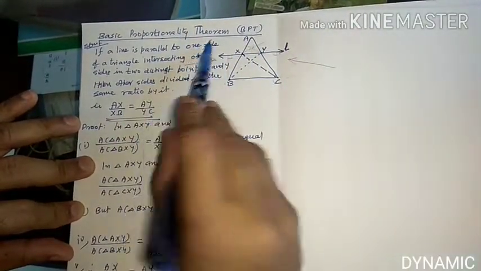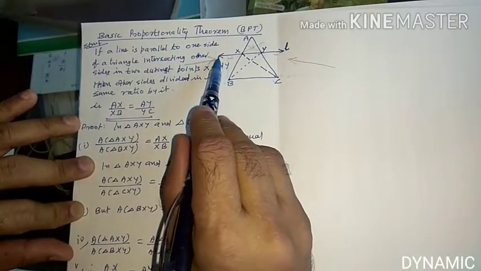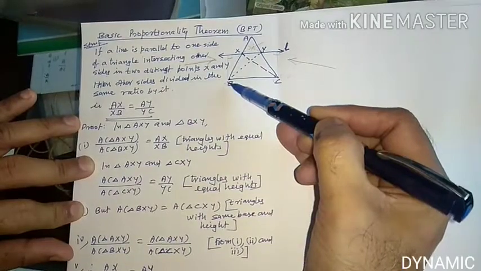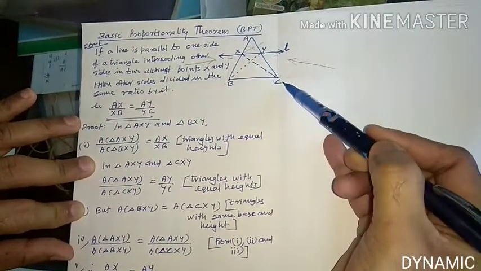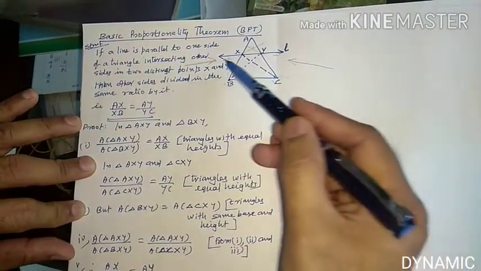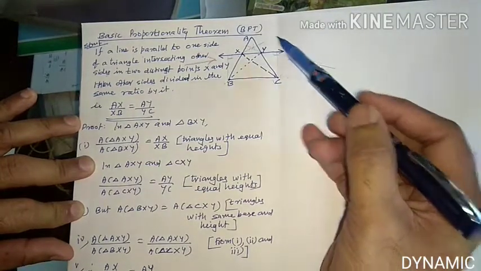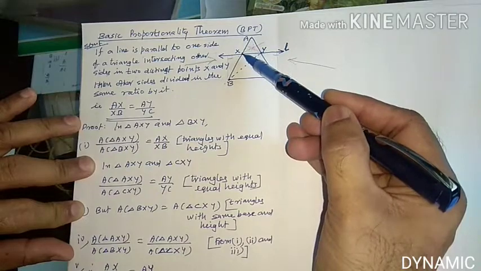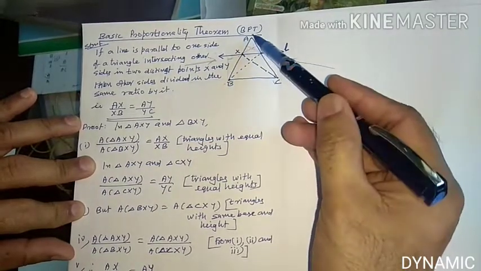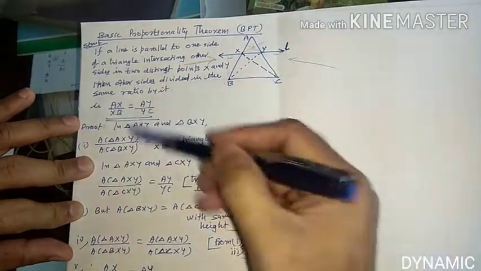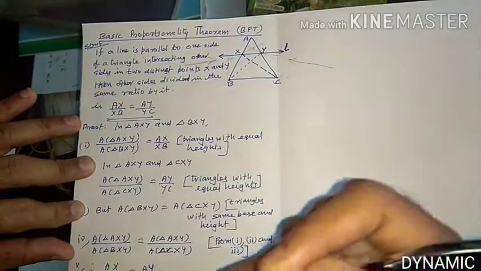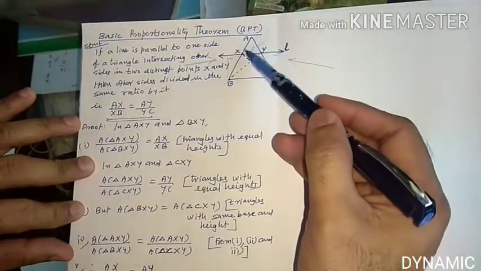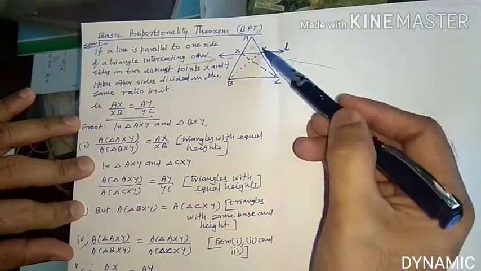What is BPT? BPT says if the line is parallel, then AX upon XB equals AY upon YC. That is what we reached as the proof. In the converse of BPT, it will be given that AX upon XB equals AY upon YC.